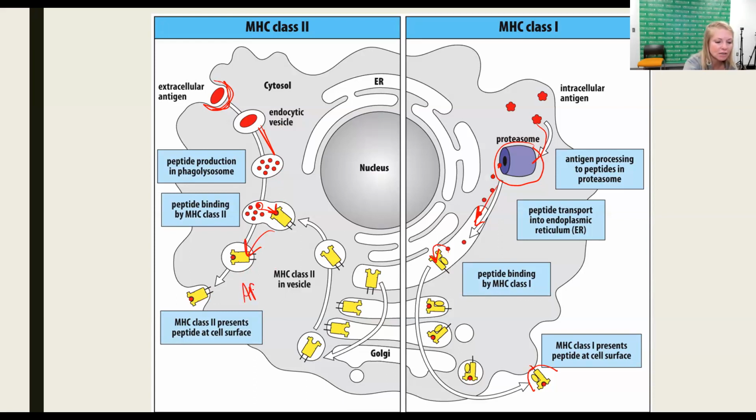And this is an antigen presenting cell because it's not infected, but rather it took up the extracellular pathogen via phagocytosis. Then we will have a CD8 positive T cell recognize, and we'll have a CD4 positive T cell recognize that antigen piece.